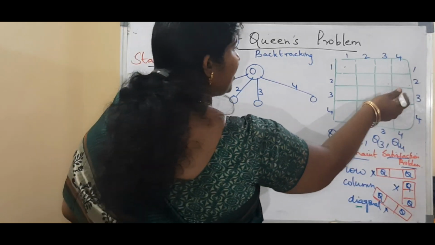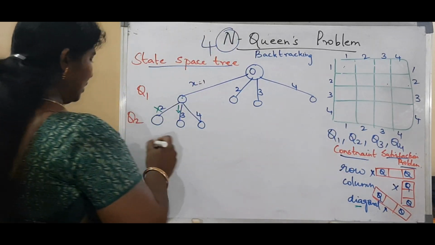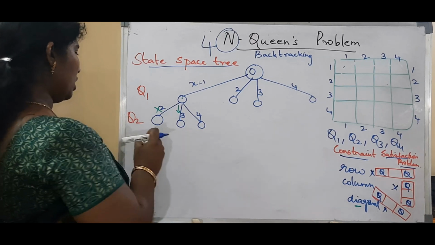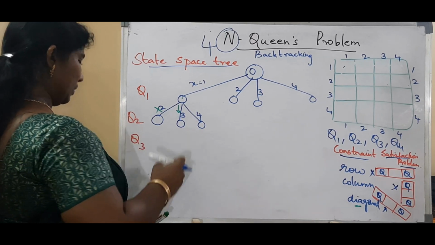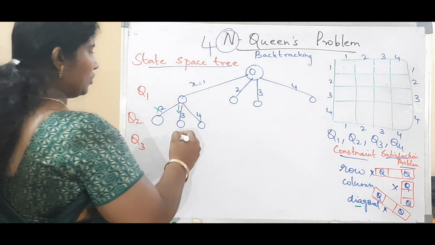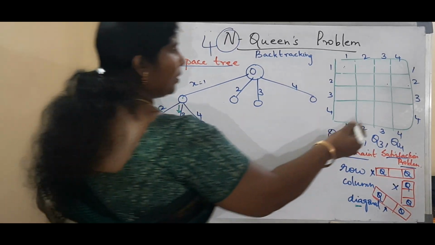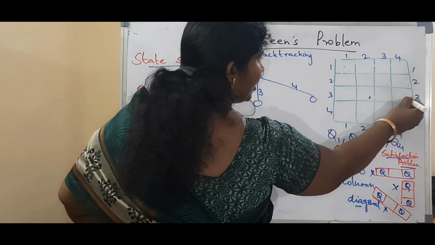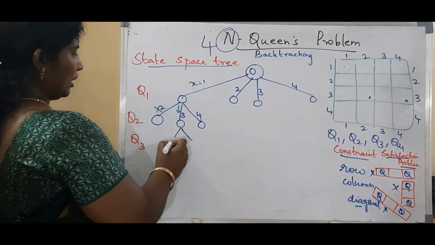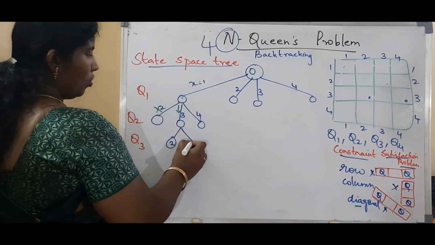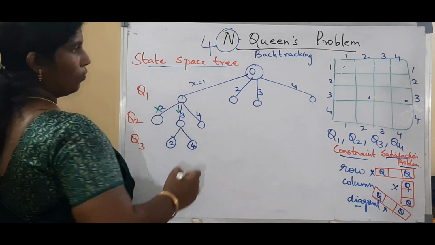Where does the next queen, Q3, go? It has to be in 2 places. It can either be in node 2 or in node 4.